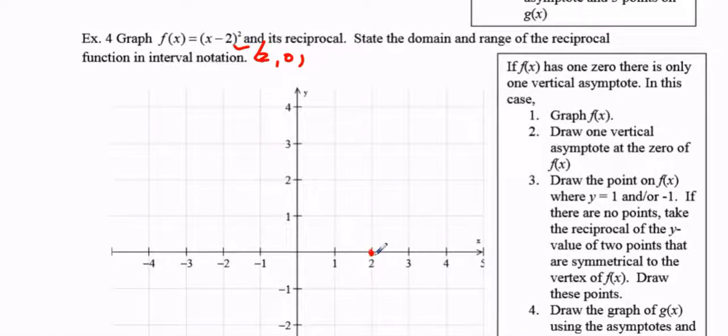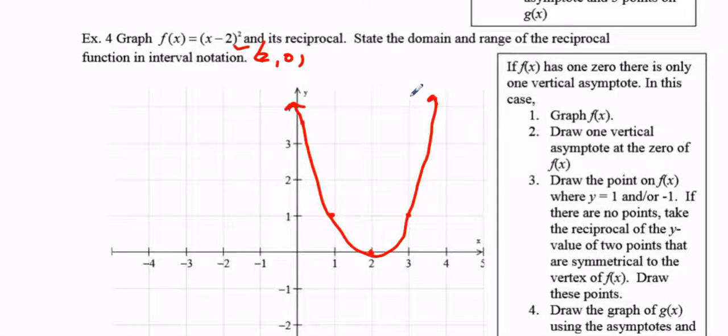And again, with my a equals 1, I'll go over 1 and up 1. And this is a different one because it has its vertex on the x-axis, which means that it has 1 zero. All right, so we're going to draw our parabola again as best we can.